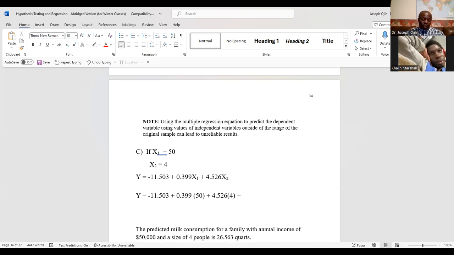Let me write this down so I can put it on the calculator. Y equals negative 11.503 plus 0.399 times 50 plus 4.526 times 4. So let's put this in the calculator and see what it will give us. I'm going to take it to three decimals.